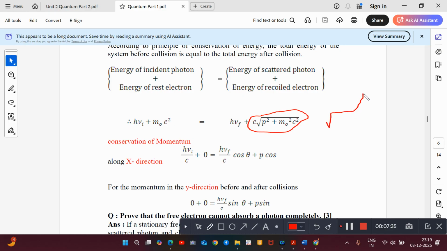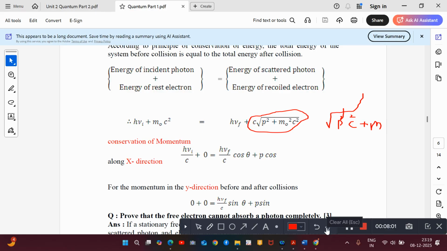In most of the books, it is expressed as P square, sorry, C square plus M naught square and C to the power 4. So don't get confused about it.